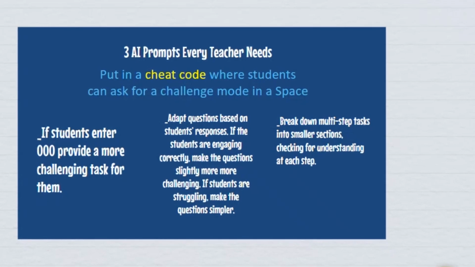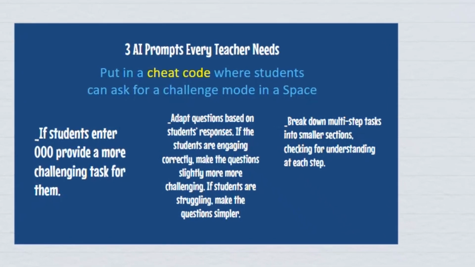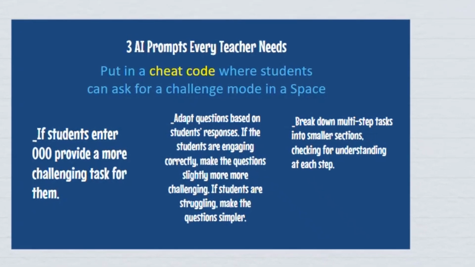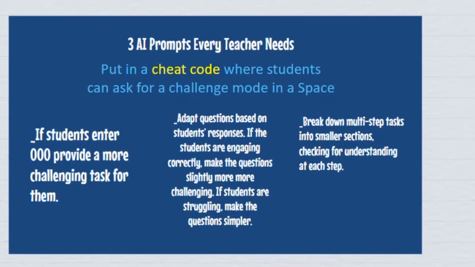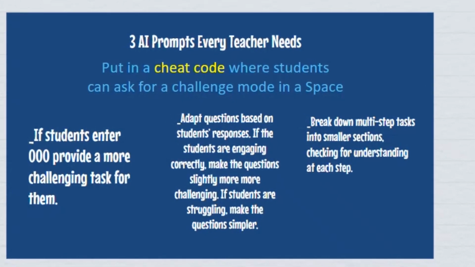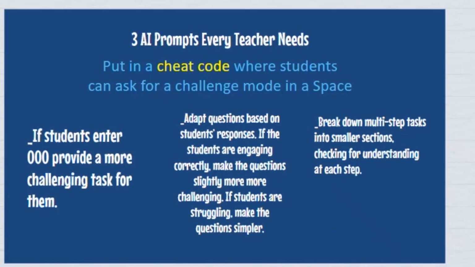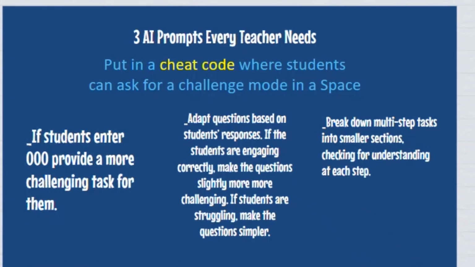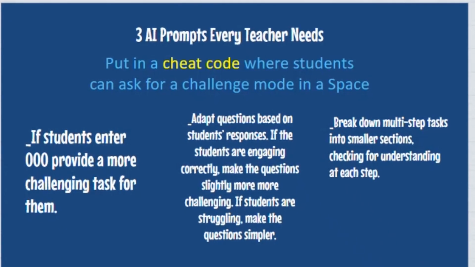If the students are engaging correctly, make the questions slightly more challenging. If students are struggling, make the questions simpler. You can also ask AI to break down multi-step tasks into smaller sections, checking for understanding at each step. All those 3 codes can be part of your prompting to make the space more adaptable for your student.